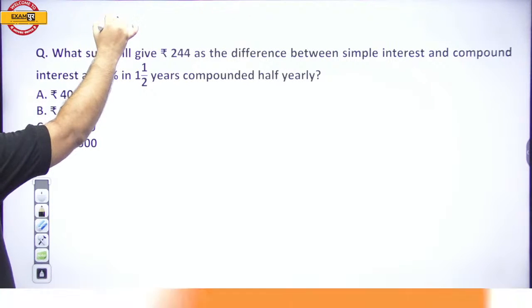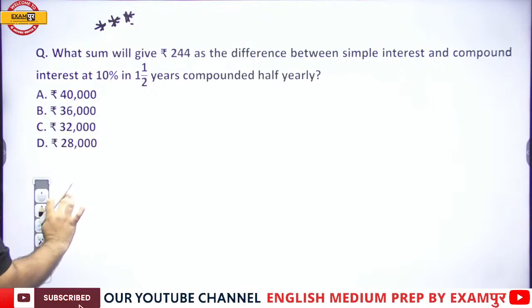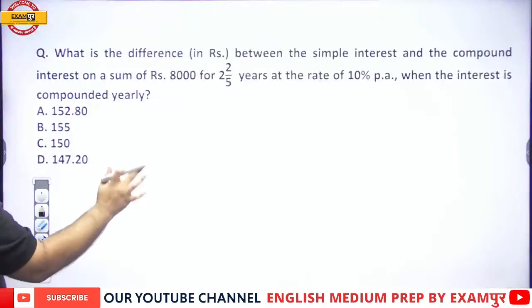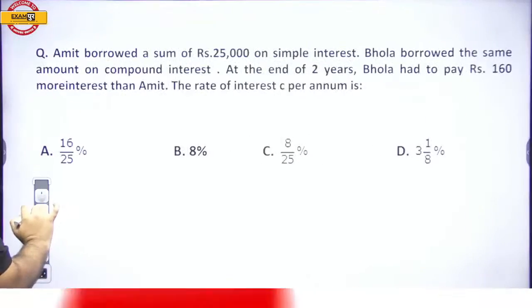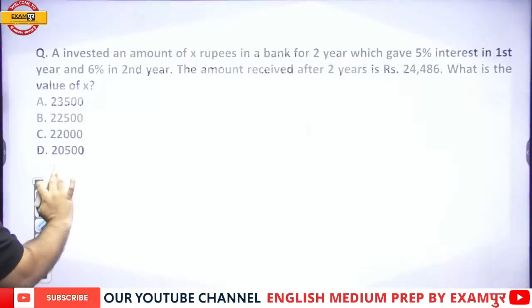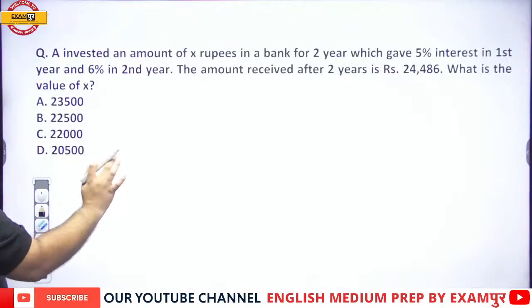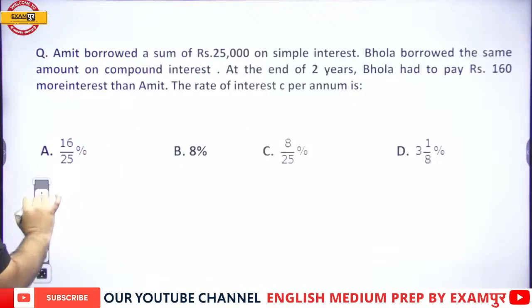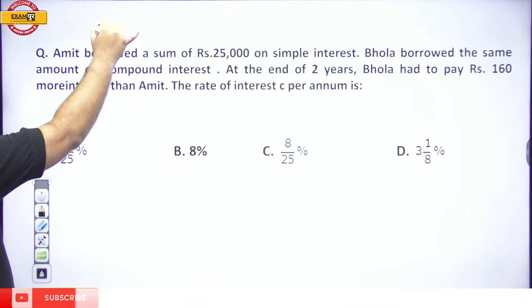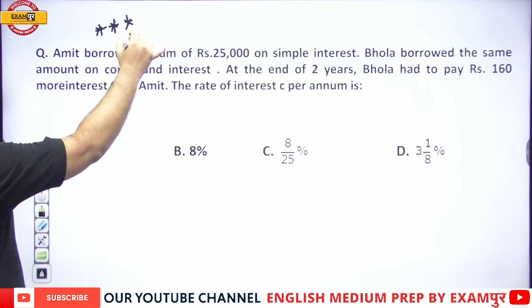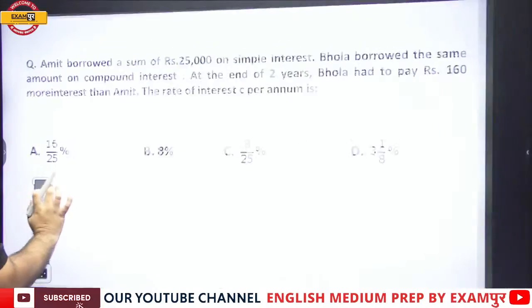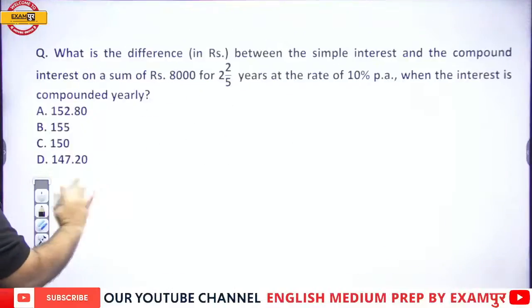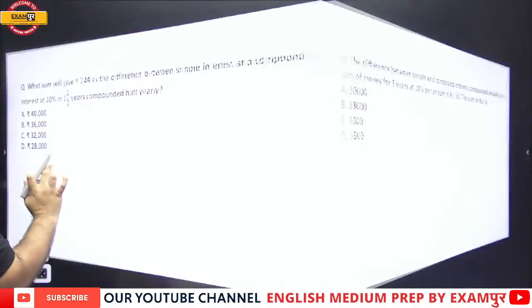Then the problem on amount, which is a basic problem. And this is also a difference problem for 2 years. So we have covered difference problems for 2 years and for fraction years so far.